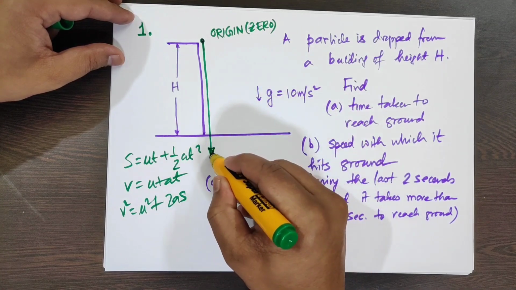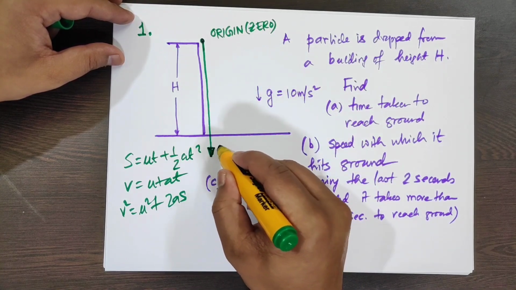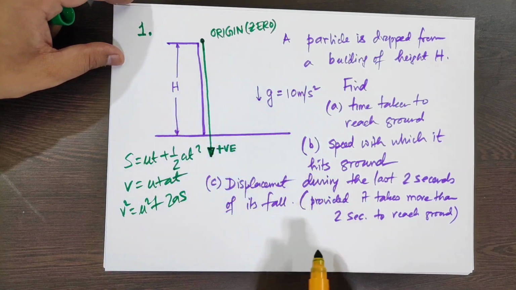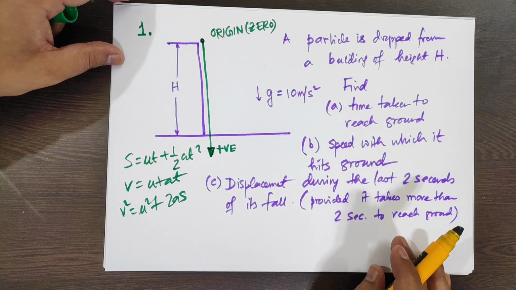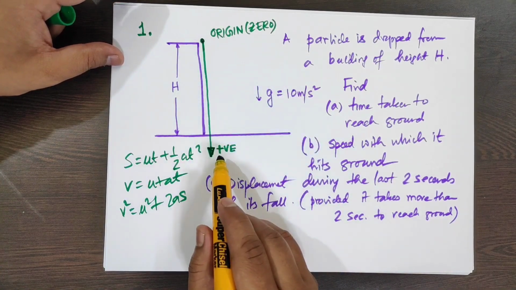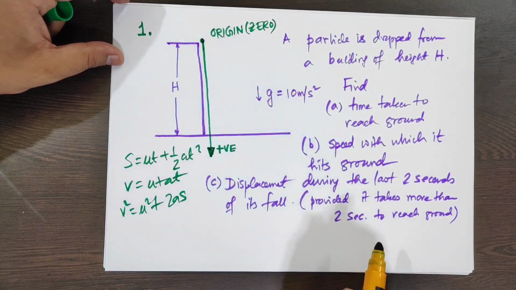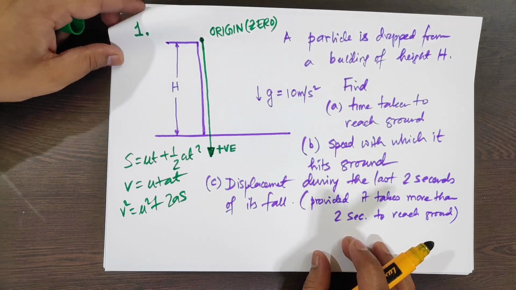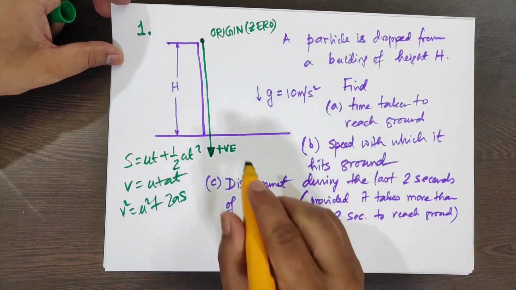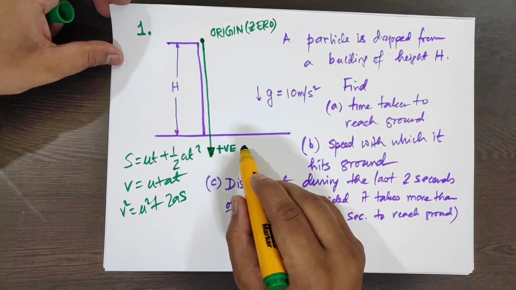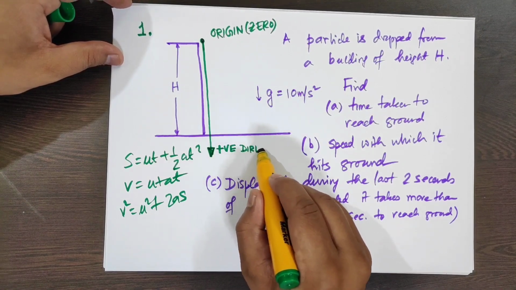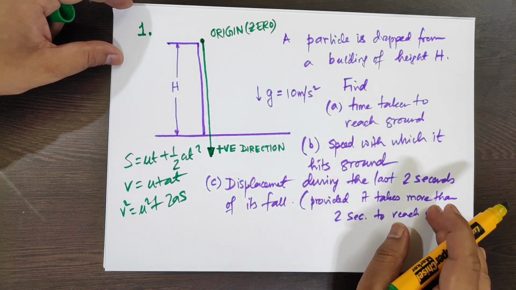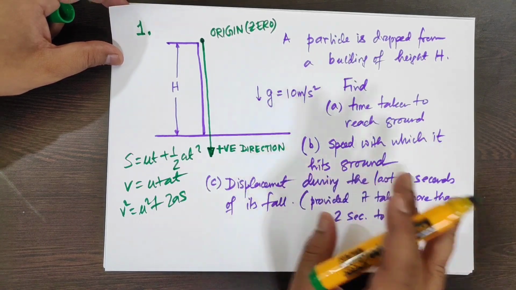This is important, or else how will you assign the signs to u, v, a and s? If you don't choose a direction and a zero, you cannot assign signs, as all are vector quantities. Obviously we won't use vector notations now because all are in the same direction.